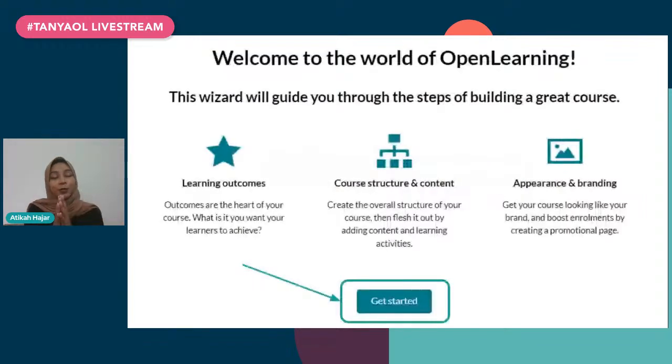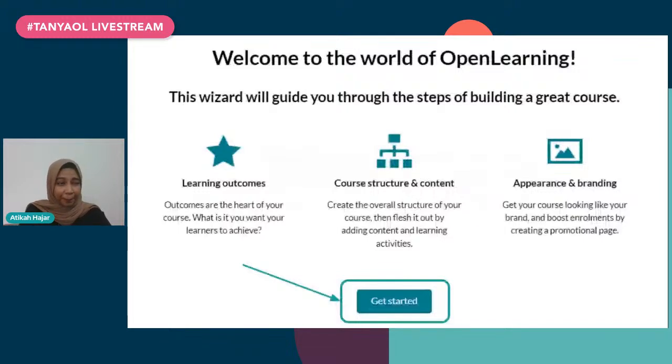Once you are in your new course, you will see this wonderful pop-up that will help you in creating your course. This pop-up is the wizard, the almighty wizard that will help you with the basics. It will help you set up the learning outcomes, the course structure, and the appearance and branding of the course.